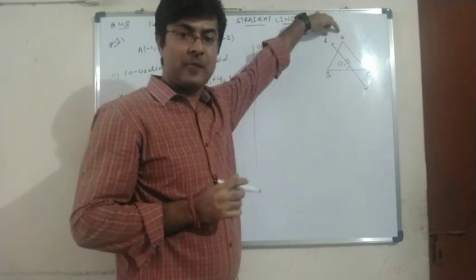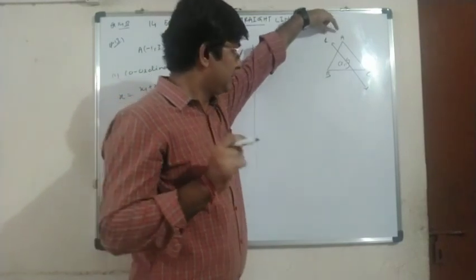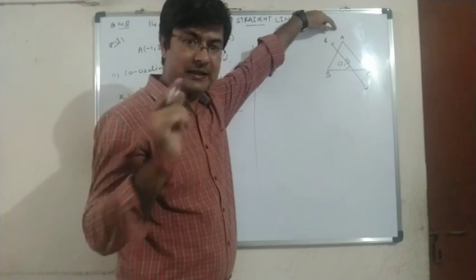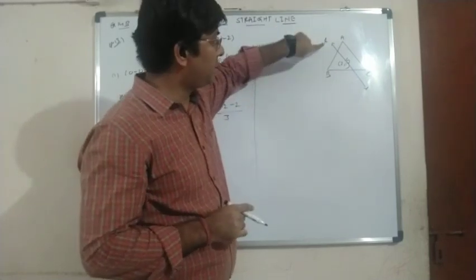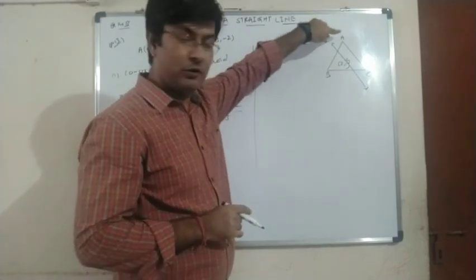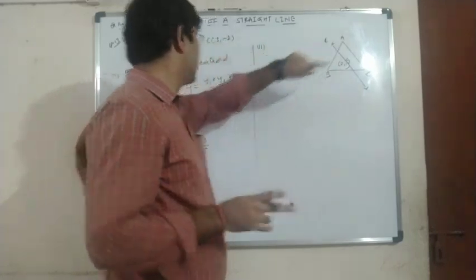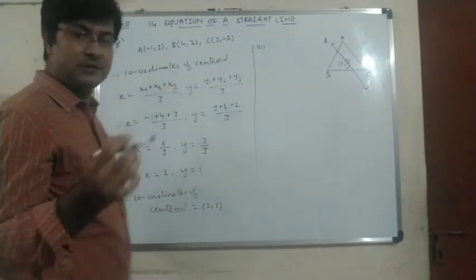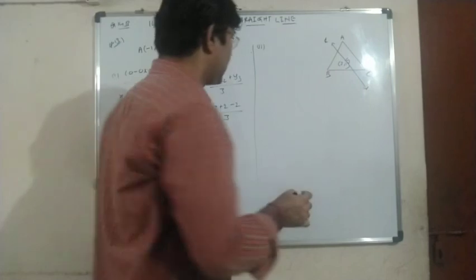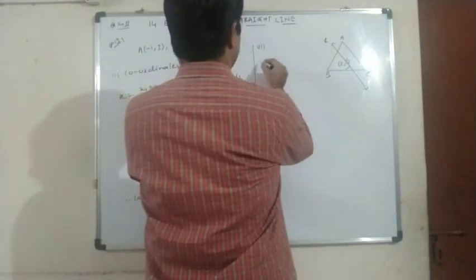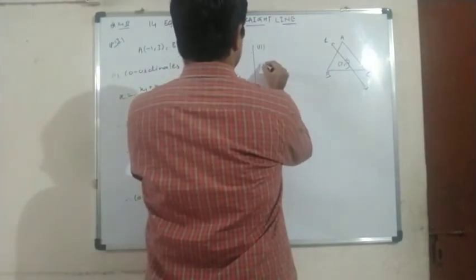It means what? What should strike? Okay, if the two lines are parallel, then their slopes must be equal. So slope of required line will be equal to slope of AC, and we can calculate the slope of AC by using the formula. Clear? So first we will find out here slope of AC.